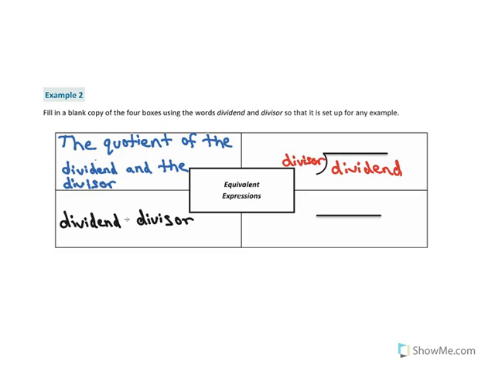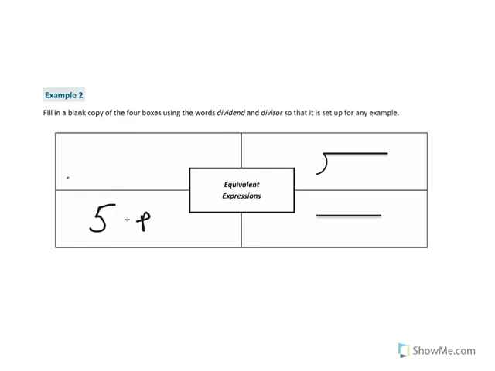Since we can also represent division as a fraction, we're going to write our dividend in our numerator and our divisor as our denominator. Okay, make sure you have that written down so that when we do the next one, you'll know where to put everything.